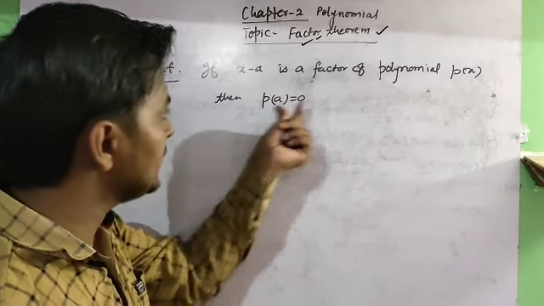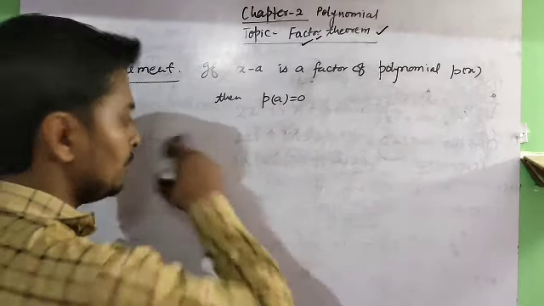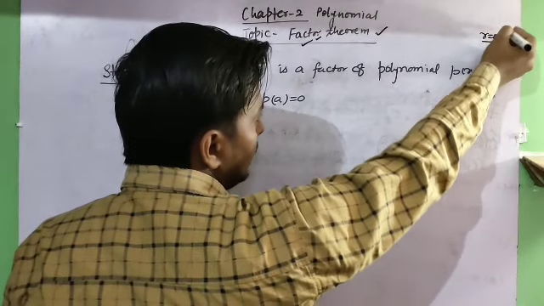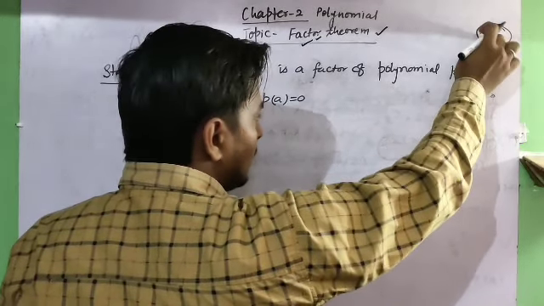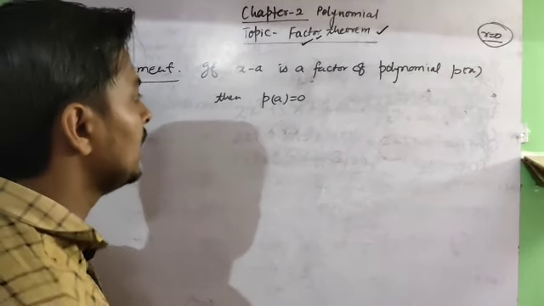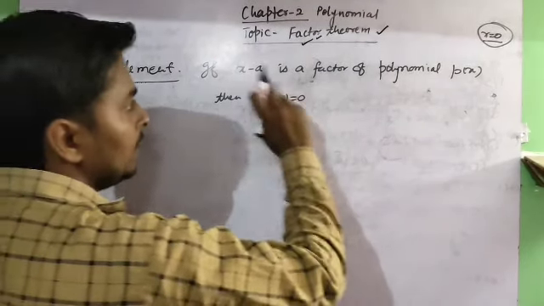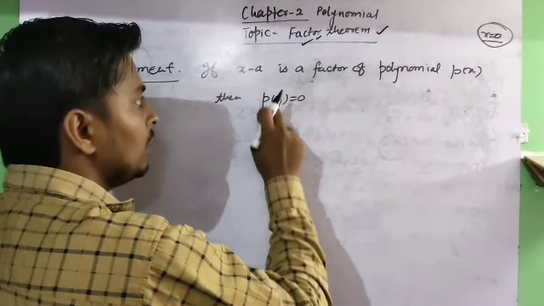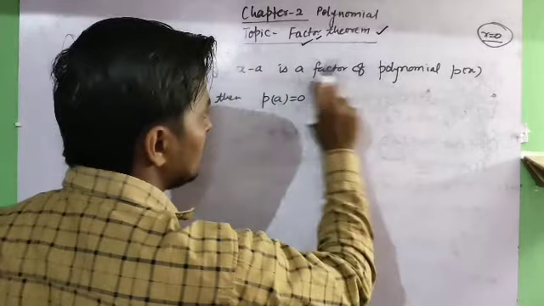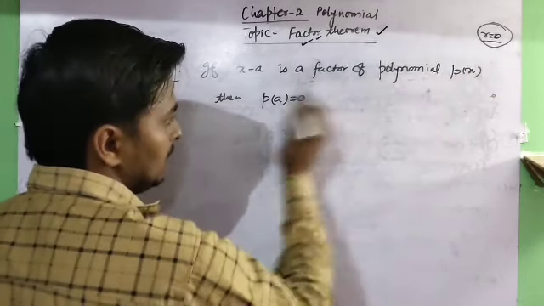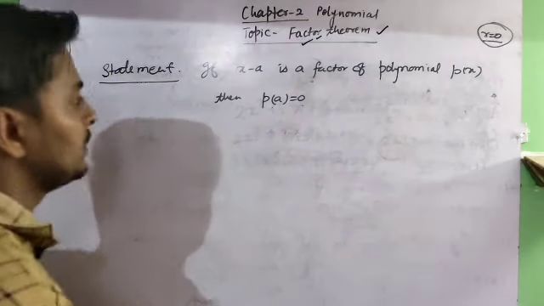Why are we writing pa is equal to 0? Just before this topic we have discussed that r should be 0 when a number is completely divisible. R is the remainder. And in the previous theorem, the remainder theorem, we have studied that when px is divided by x minus a, then pa is the remainder. Here we say that if x minus a is a factor, meaning x minus a completely divides px, then the remainder should be equal to 0.